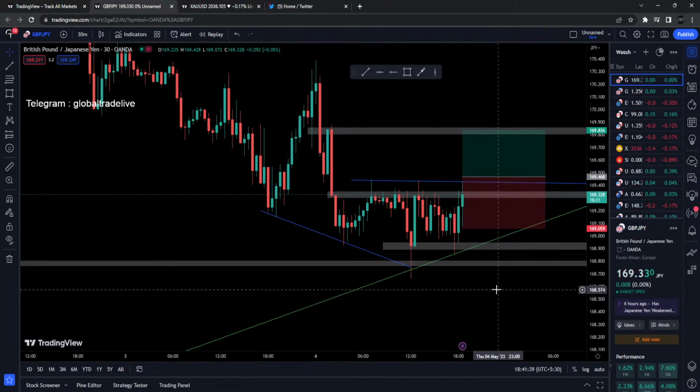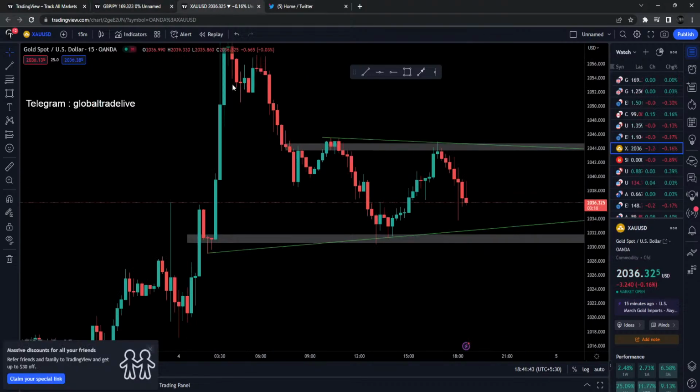So still got around 18 minutes left for the current candle to close, and let's see how this gold candle closes, because I need a resistance to be formed over here in order to take a sell trade. But right now the market is just going all the way down.